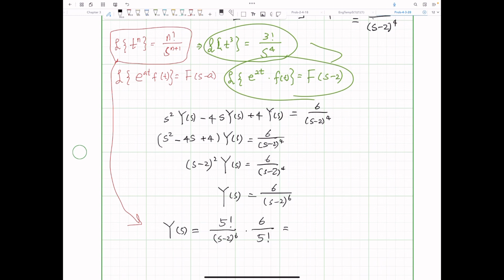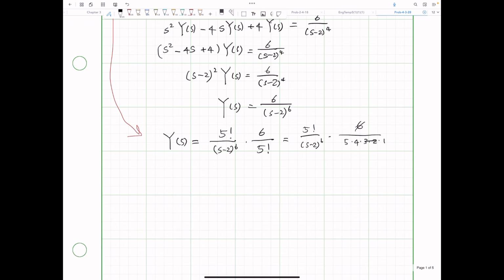That means we don't want to touch this 5 factorial. And then we have a 6 over 5 times 4 times 3 times 2 times 1, and 6 and 6 cancel out. So now we have 1 over 20 times 5 factorial over s minus 2 to the power of 6.